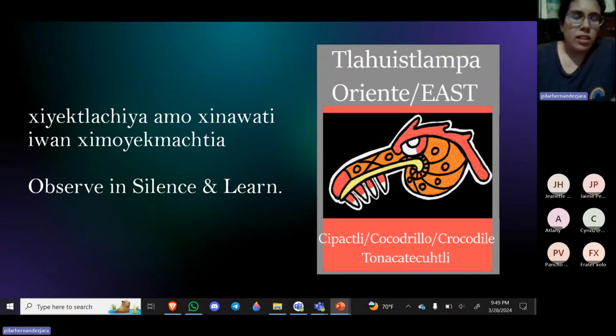And then he says that "amo shinawati" is not necessarily just to be quiet, it is to silence judgment specifically. And in "Iwan Shimoyek Machtia," we see the she again and the ye. So it's again a suggestion to learn well, to learn and absorb well. So the translation, not the literal translation, but it says, look at everything beautifully, look at it well.